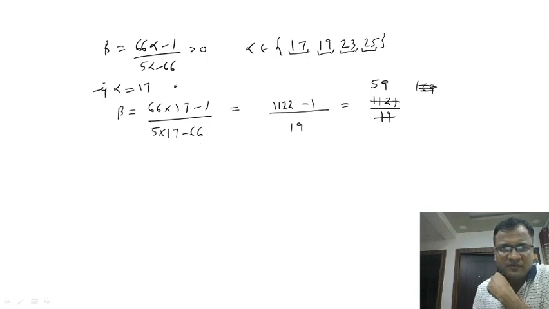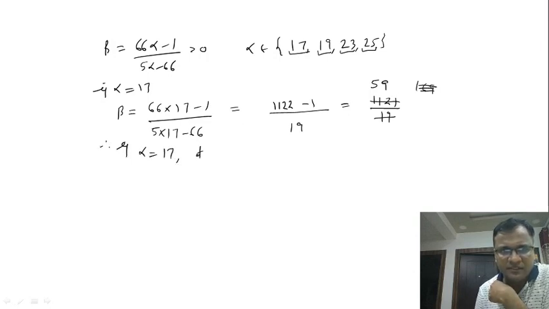So alpha equals 17 works here, because for alpha equals 17 we get a positive integral value of beta. Therefore, if alpha equals 17, then beta equals 59.